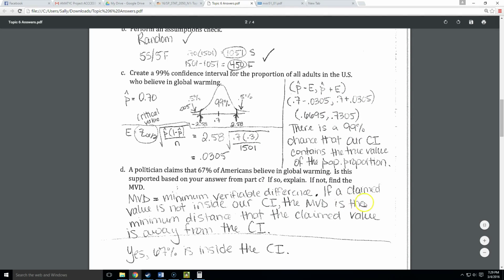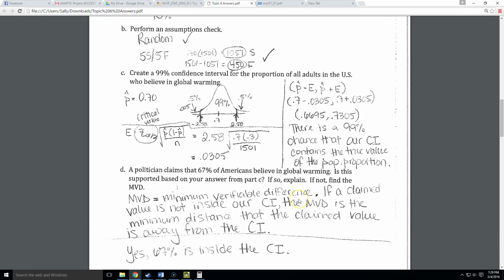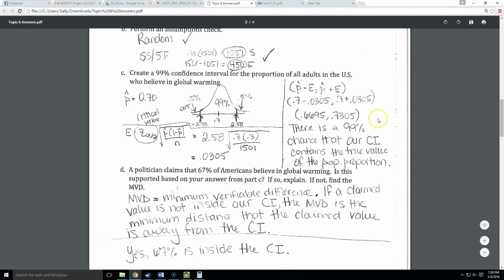So the MVD tells the person how far they are away from that value they've claimed. So instead of just saying, hey, you're wrong, you can say, based on our confidence interval, you're off by 6.95%. So that's what that MVD is. It's just the difference between the claimed value and the end of the confidence interval.